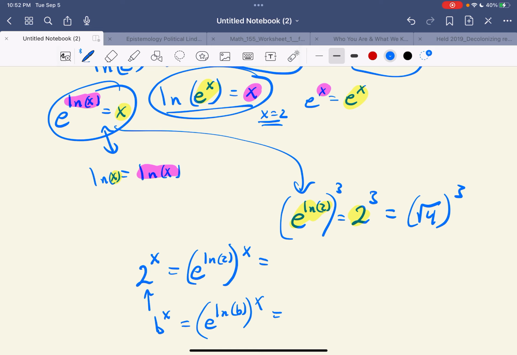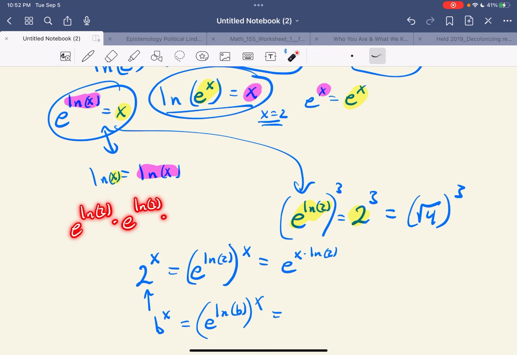And then we should use rules of exponents. We talked about this a bit in class, but power to power, you multiply powers. One way to think of why this x is right here is because we have e to the ln of 2 times e to the ln of 2 times e to the ln of 2, and on and on.